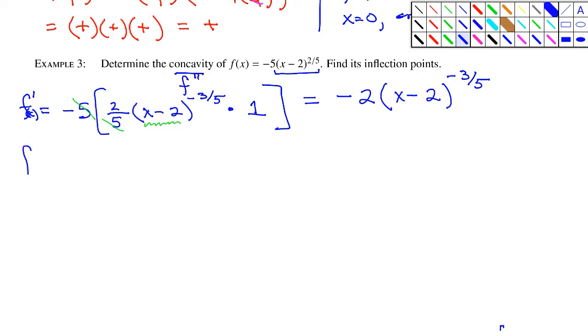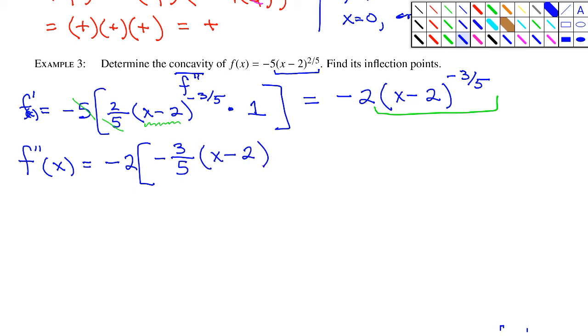Next, I need the second derivative. The -2 in front is a multiplier again, so we're going to leave that there. And then we're going to find the derivative of the rest of this using the power rule and the chain rule again. So we bring down the -3/5 times x minus 2, lower the power by 1 to -8/5 times the derivative of the inside, which is just 1, by the chain rule.